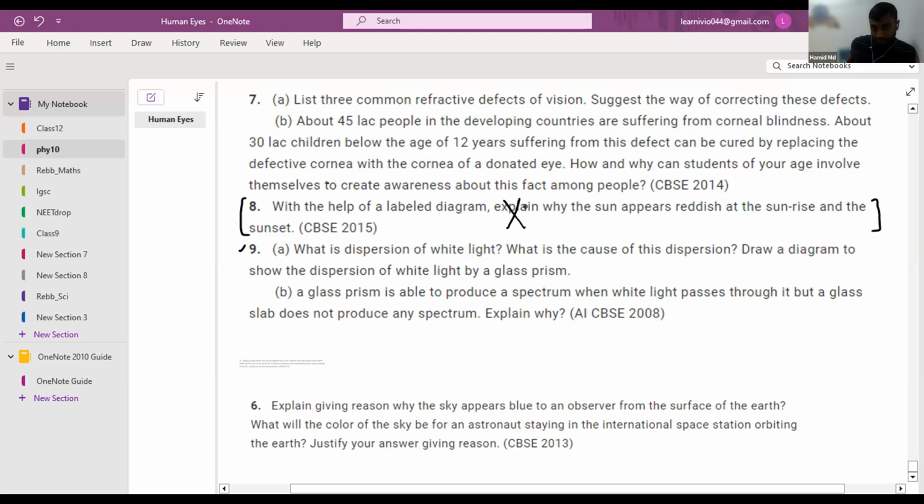Tejasvi, you have to answer question number 9. Yes, sir. When we keep two glass prisms together, the first prism where the white light enters, it comes into 7 colors.